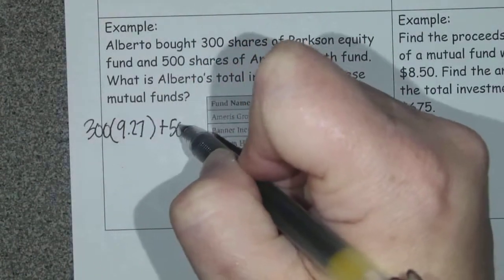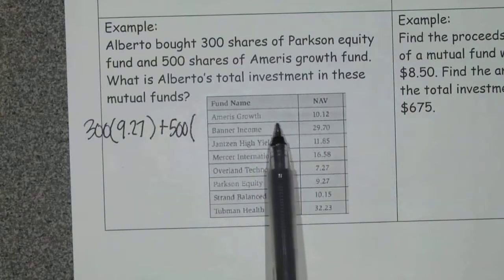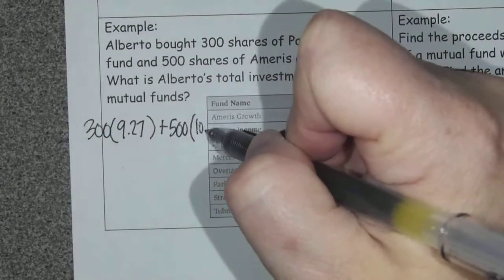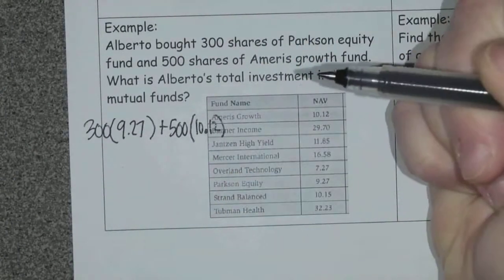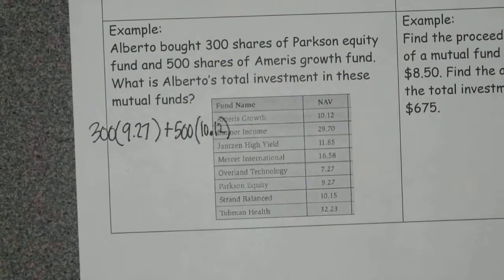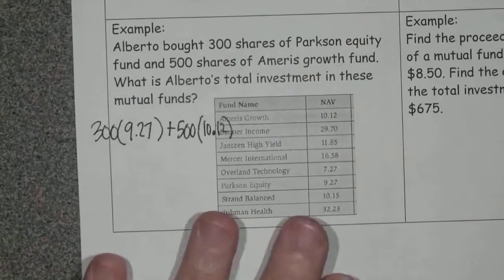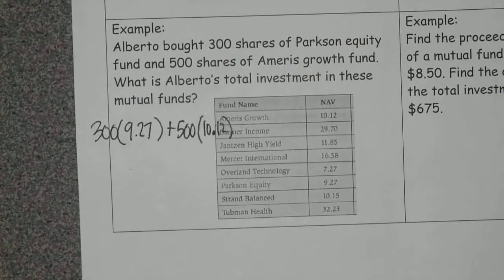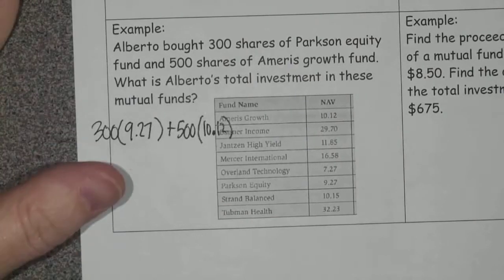And then I have 500 shares of Maris, which is at 1012. And I just punched that in on my calculator. I'm going to add the 2 in the middle, so multiply and add. Take a second and do that.